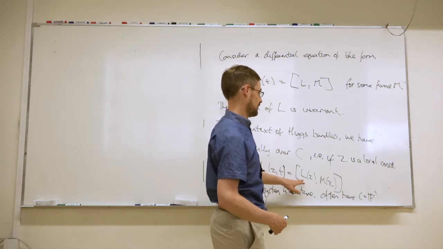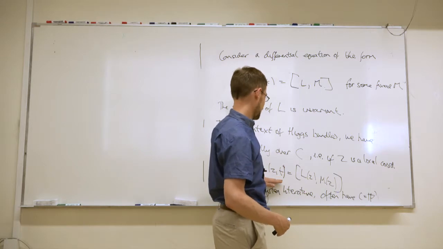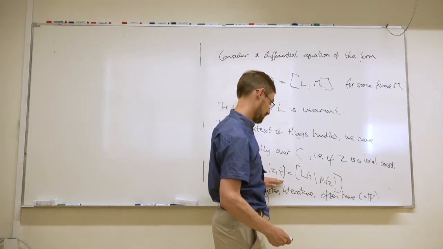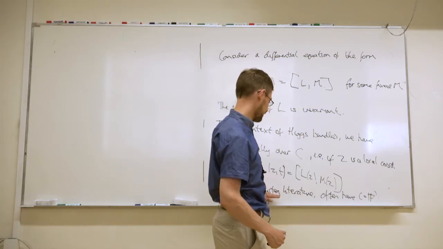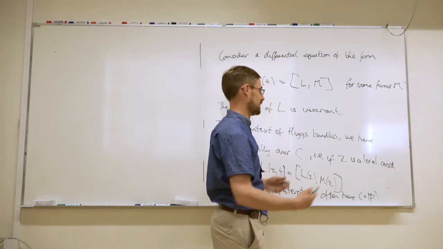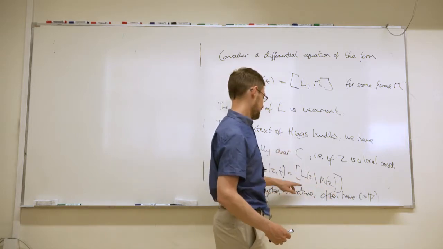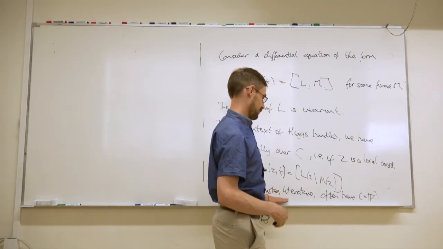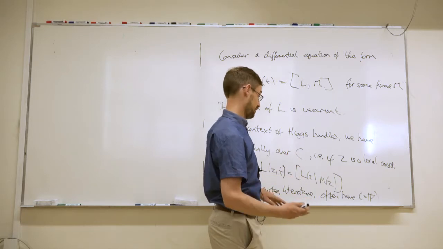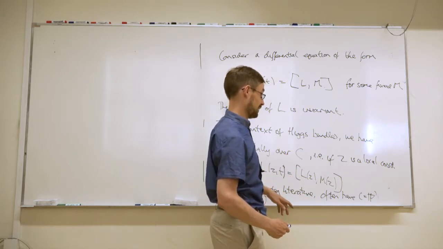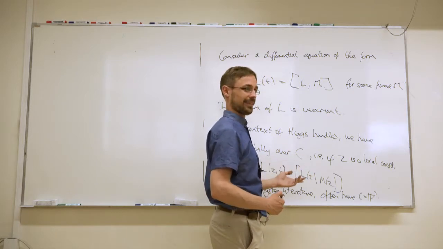So I'm saying that a lot of the lax formalisms that exist in the classical integrable systems literature can actually be formulated in terms of these being exactly Hamiltonian flows for Hitchin systems. And in fact, moreover, you can really have a lax formalism for the Hitchin system.